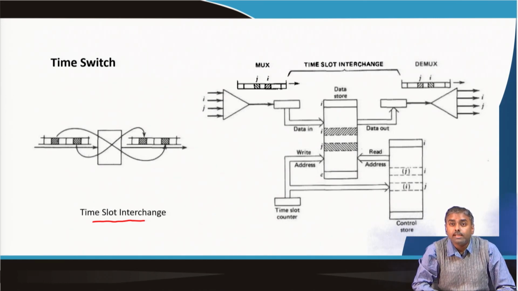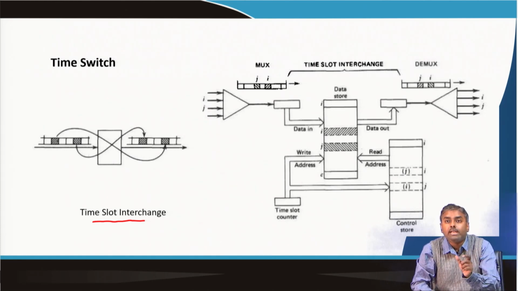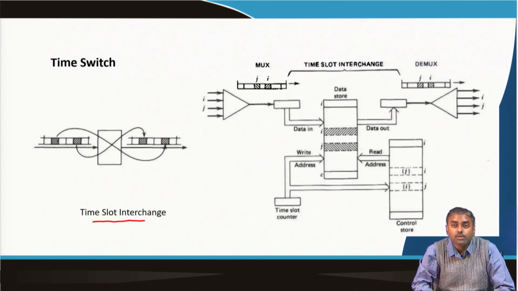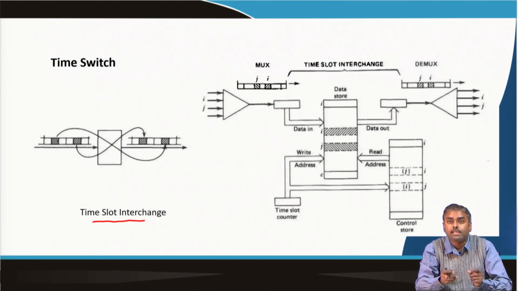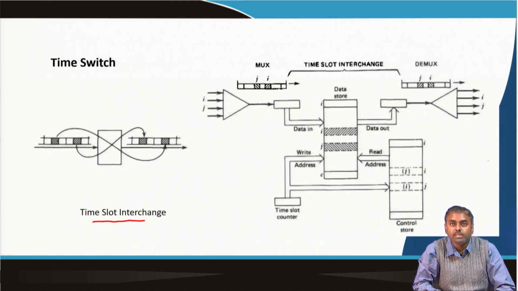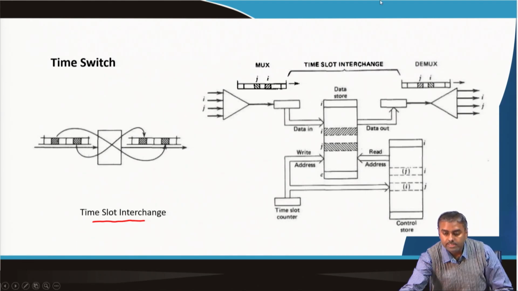The switching is done in terms of swapping the particular location within a frame, that is the address. The first voice is at location 1, the second is at location 2 and so on. Now if we interchange the time, meaning location, that will make a switching. We will try to appreciate how this actually makes a switching.